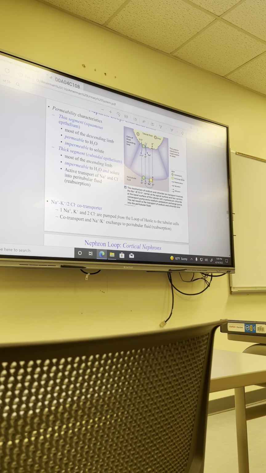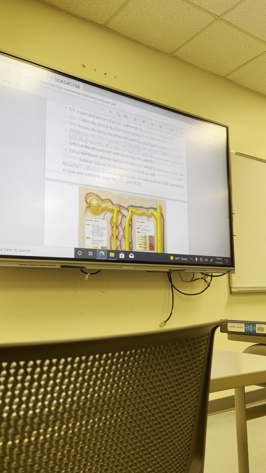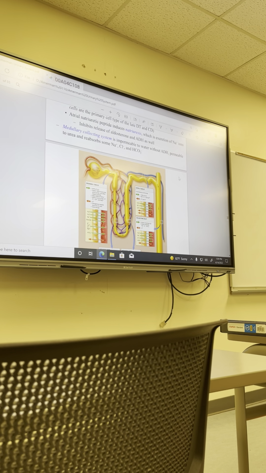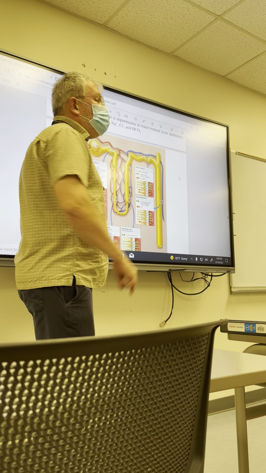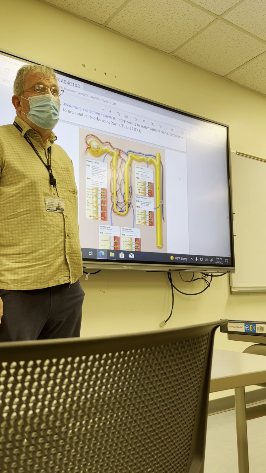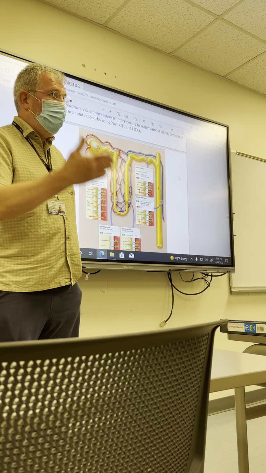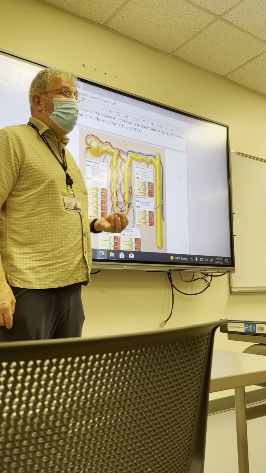The nephron loop. I just want to show you this picture here before I go back to the text and point out that the nephron loop, which is going to be dipping down into the cortex, into the medulla that gets very hypertonic, has a couple of very different regions.